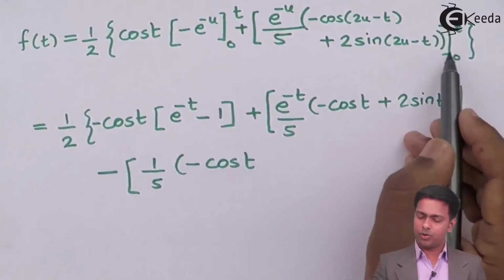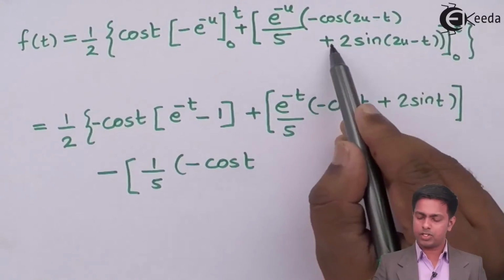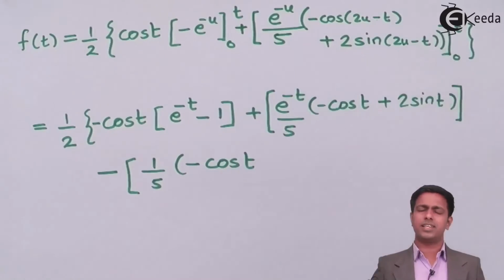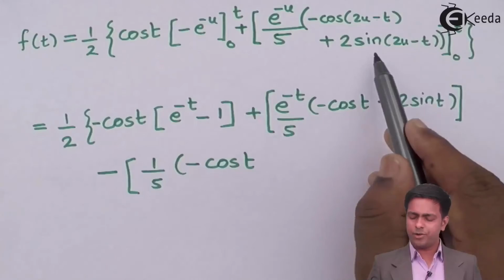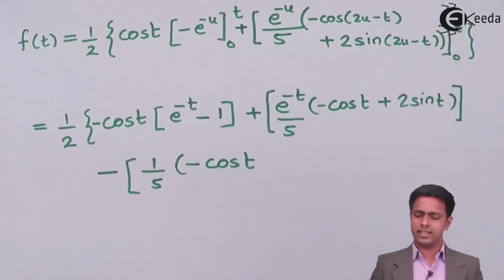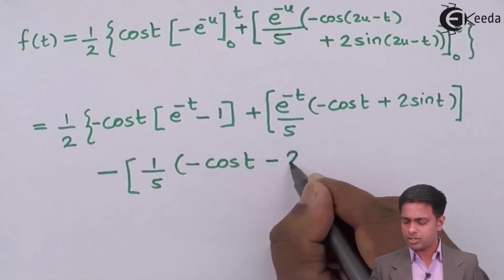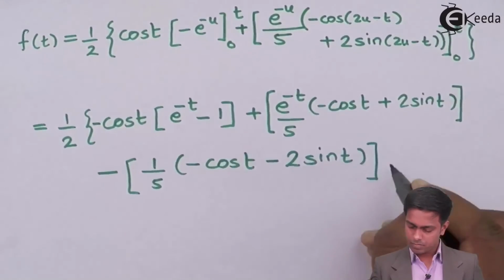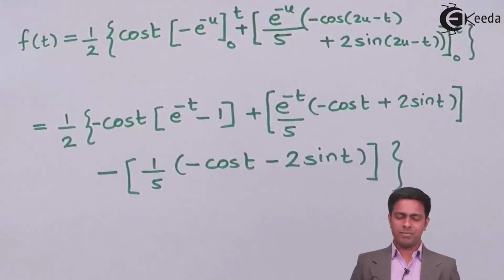Next, if I put 0 over here, I'll get plus 2 sine of minus t, because 0 minus t is minus t. So sine of minus theta is minus sine theta, so the minus sign will come outside, so minus 2 sine t. Now let's simplify it.